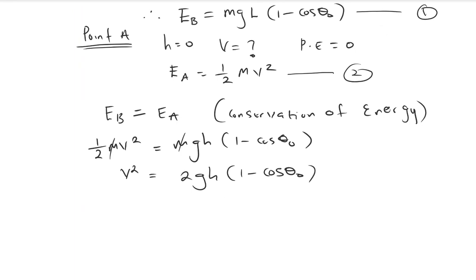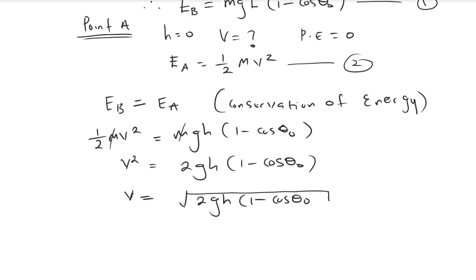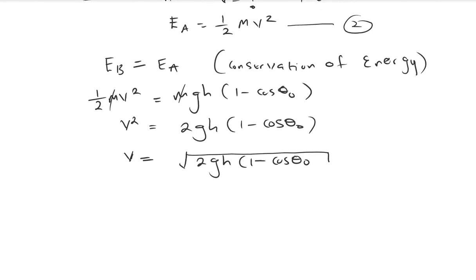Now we take the square root of both sides and we get v is the square root of 2gL times 1 minus cosine theta naught.